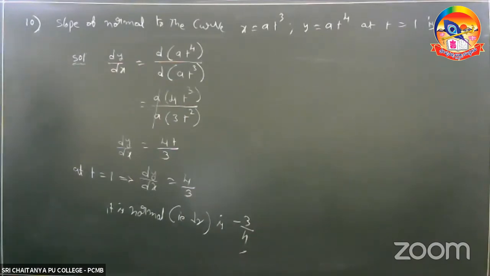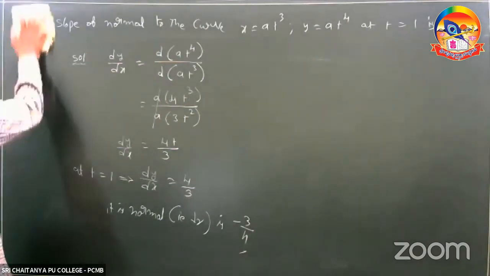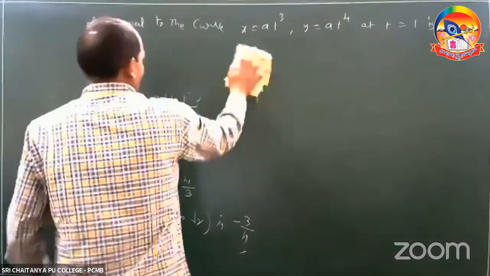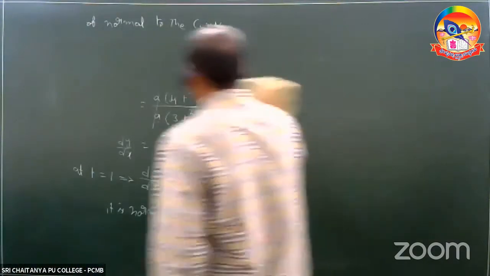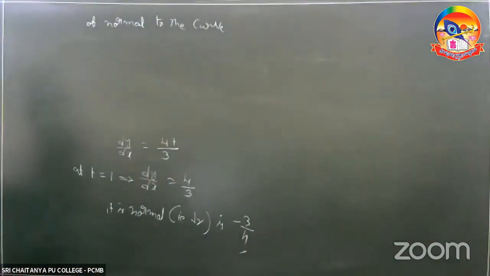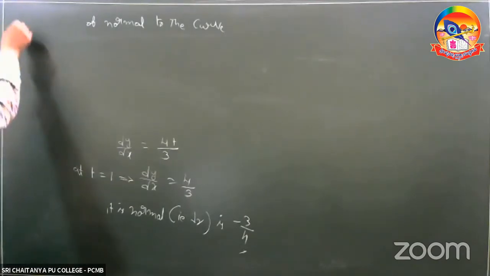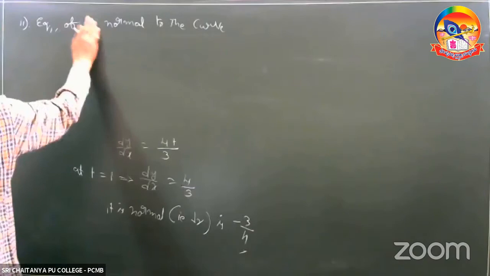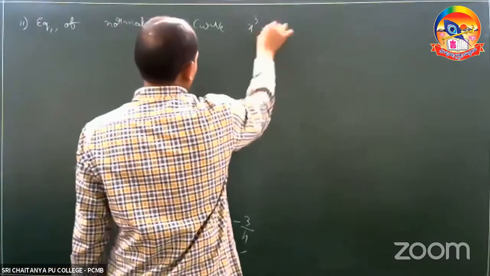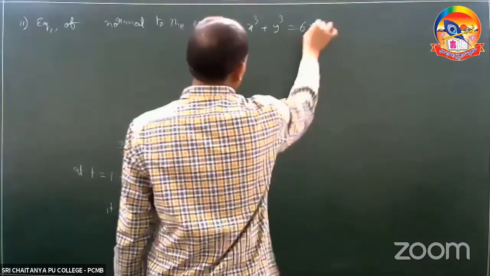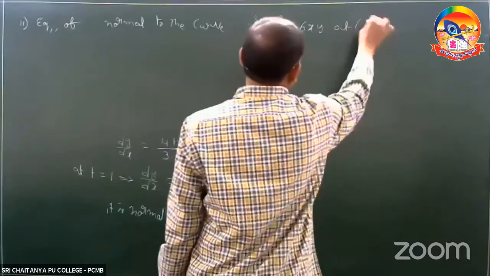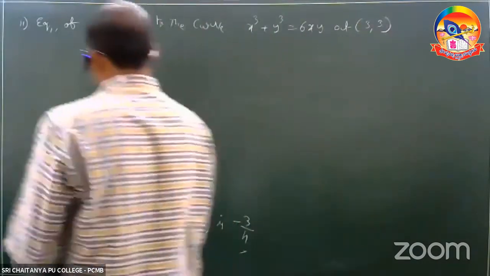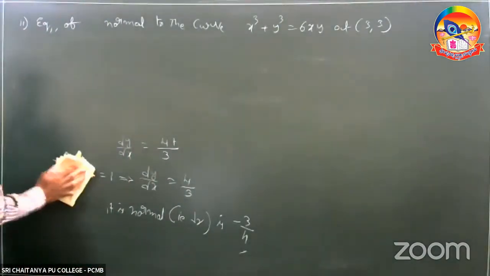Okay, right, next. Eleventh one. Find the equation of the normal to the curve x cube plus y cube is equal to 6xy at 3, 3.